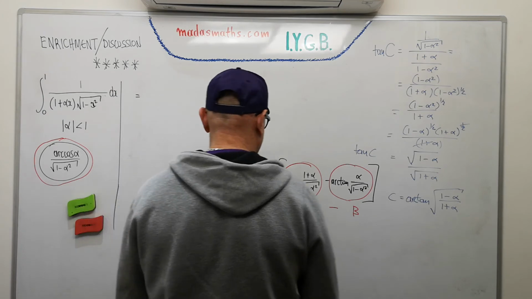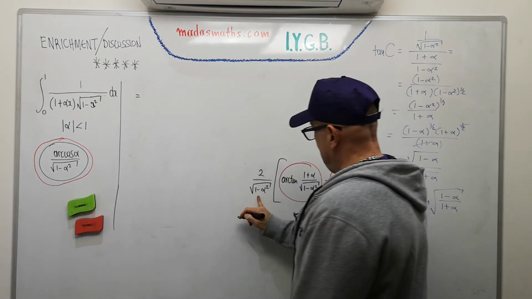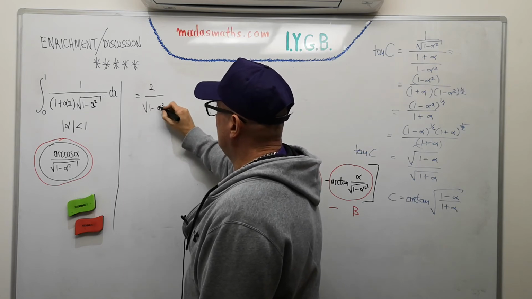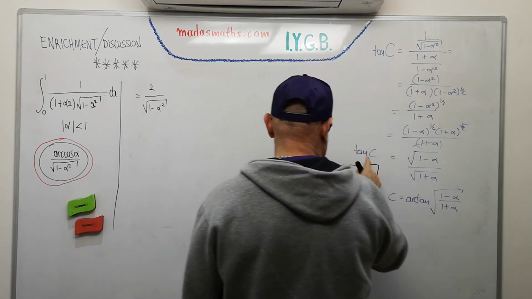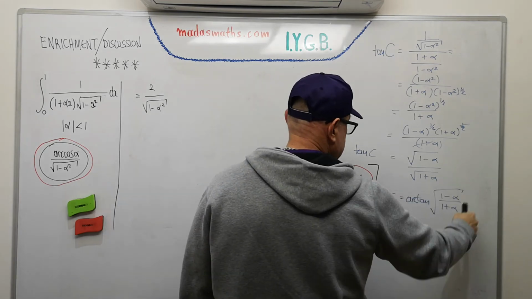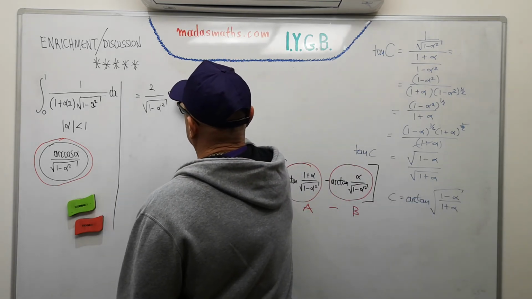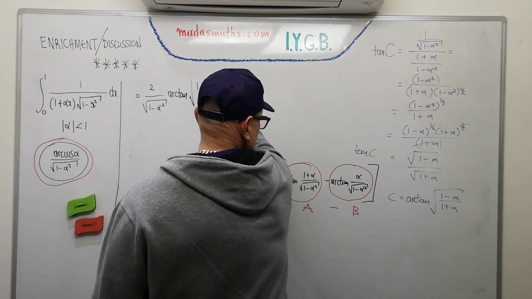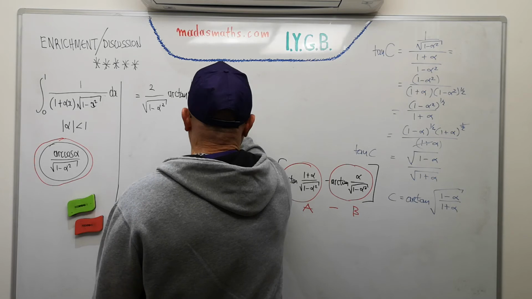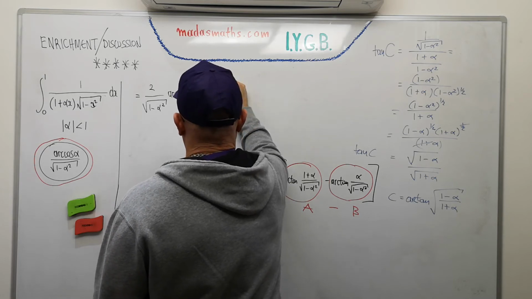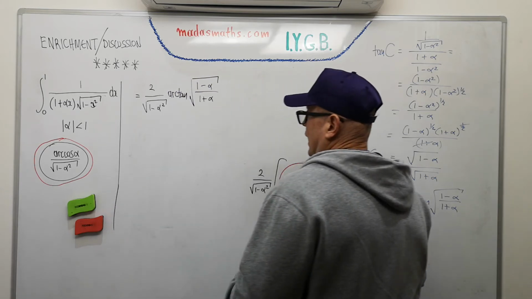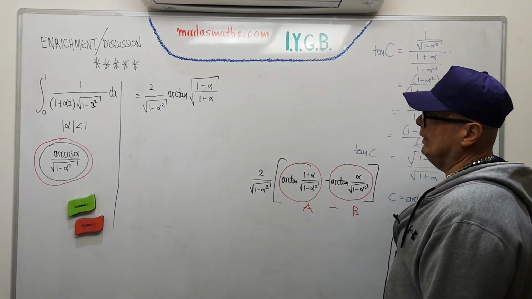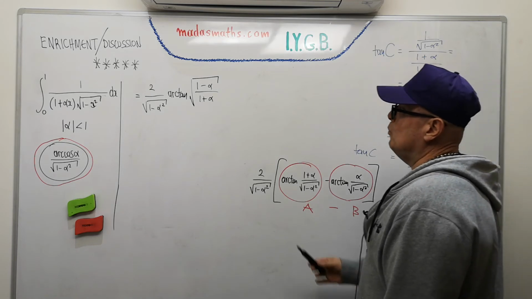Okay, this is equal to this number at the front, 2 over 1 minus alpha squared, and the simplification of that is the arctan of the square root of 1 minus alpha over 1 plus alpha. Okay, better from here to here, but not quite what we need.